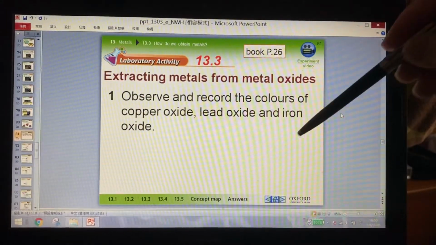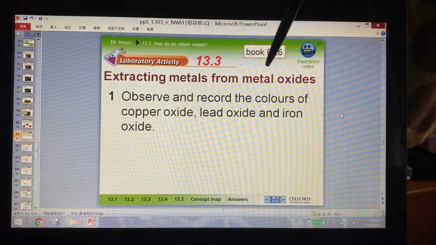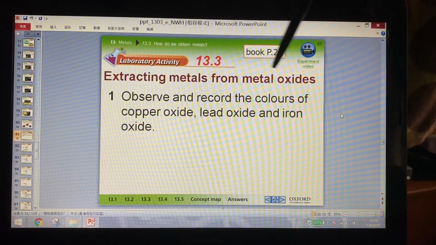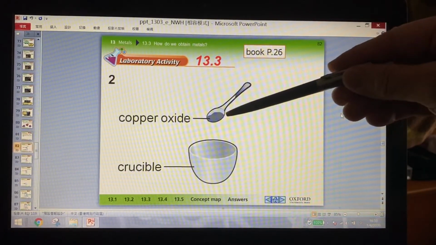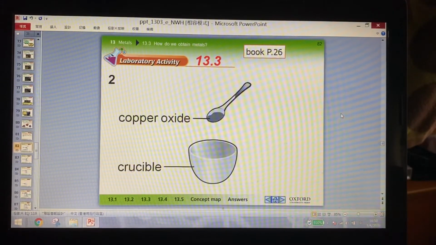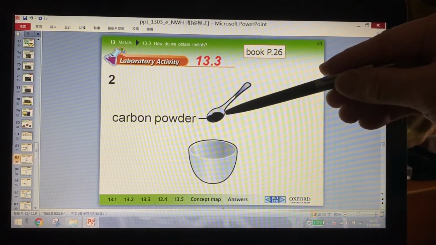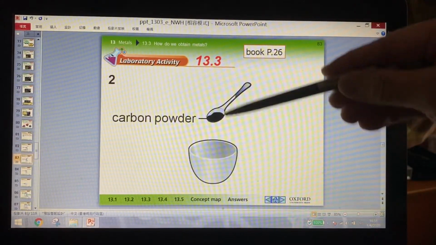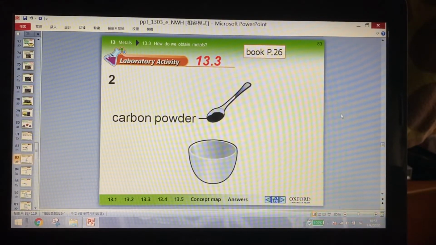Okay, in this experiment, we have some metal oxide. Now, this is copper oxide. That is the metal oxide. And then we add some carbon powder to the copper oxide.